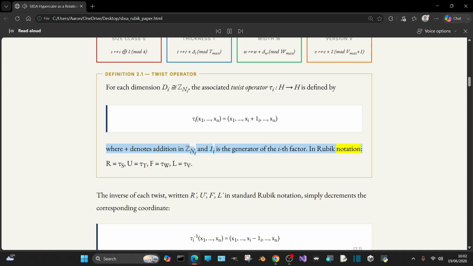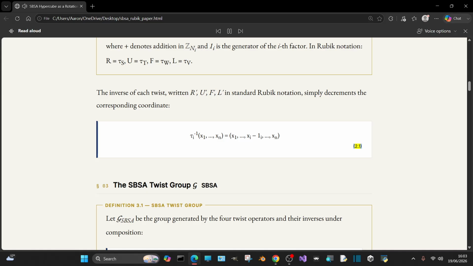In Rubik notation, R equals S, U equals T, F equals W, L equals V. The inverse of each twist, written R', U', F', L' in standard Rubik notation, simply decrements the corresponding coordinate.